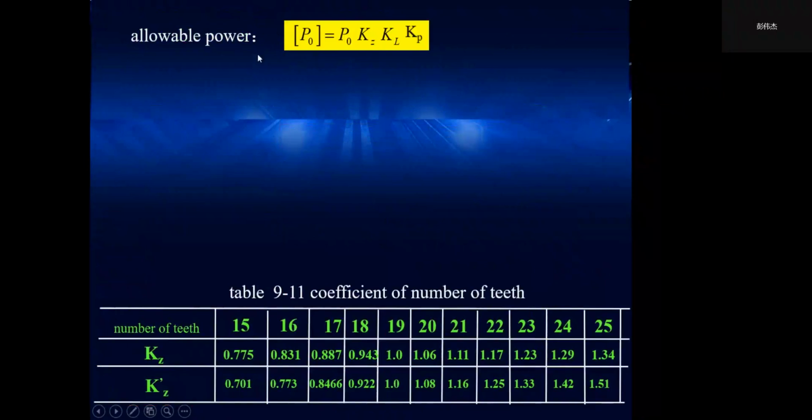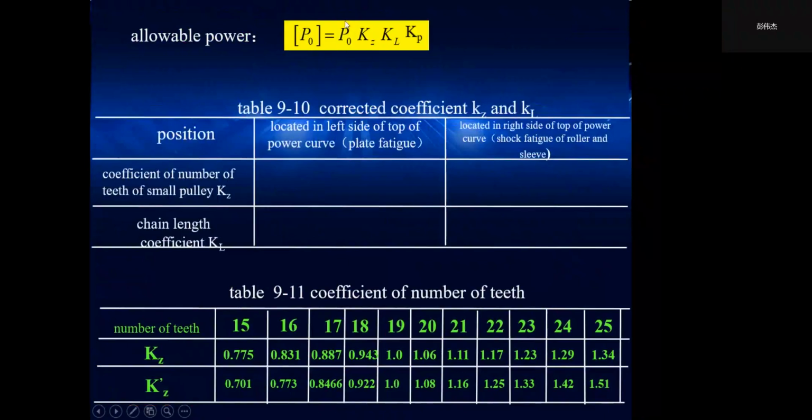And the allowable power is determined by P0 times Kj times KL times Kp, and KL is the chain length coefficient. Kj is the coefficient of number of teeth. Kp is the coefficient of strands. This table is the corrected coefficient Kj and KL.